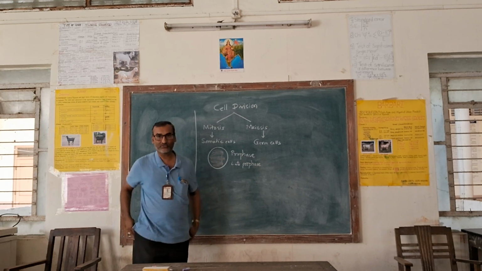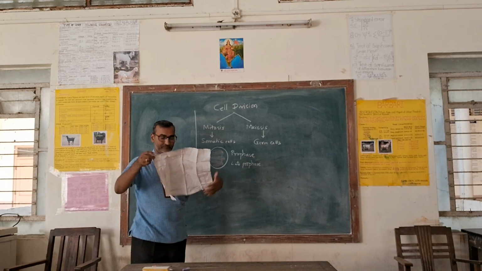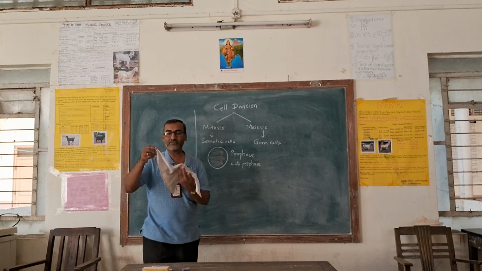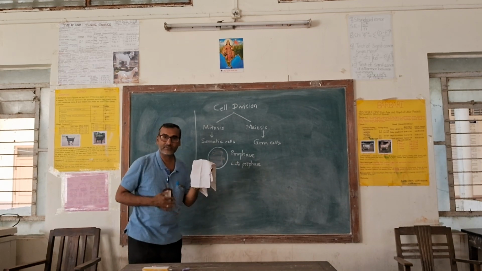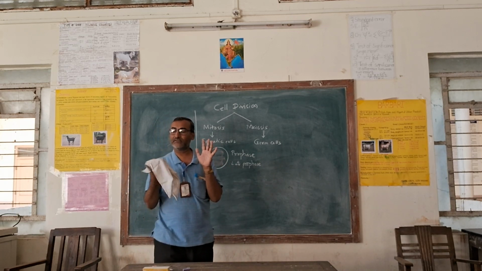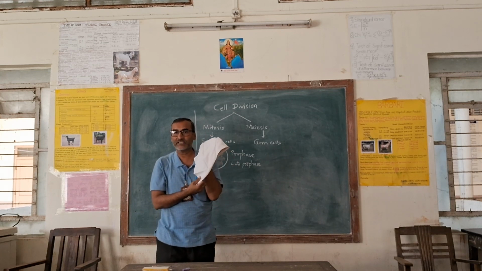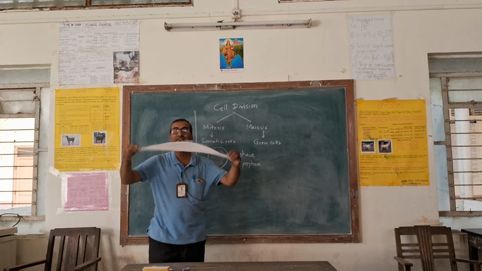First of all, I will explain it to you. See, this is the chromatin material which is in the diffuse form in the cell. Now, see, does it fit into my palm? No, it is more than that. Because of the condensation, see how it condenses.